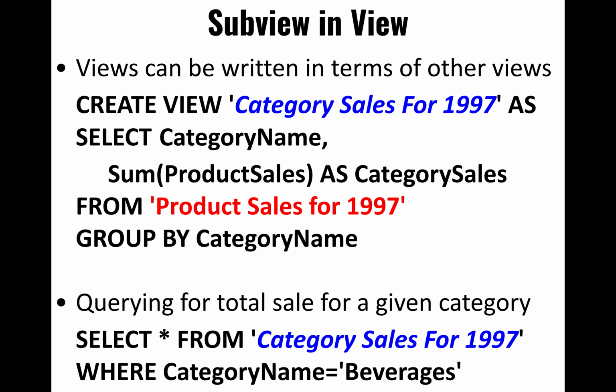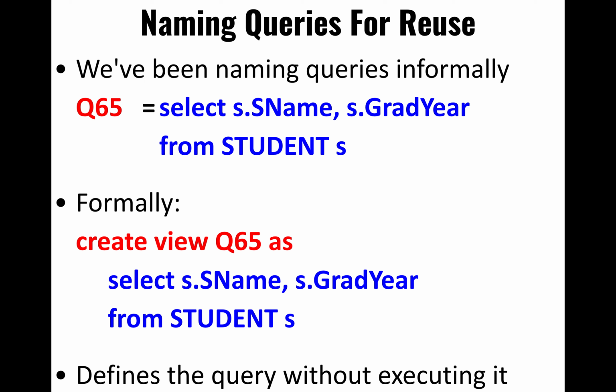See that? So again, you could treat it as if it were just a regular table. Actually, we've been using this technique throughout the last couple of weeks already. We've been writing things such as Q65 is equal to a select statement, meaning whatever that select statement returns, I am storing it in Q65 over here.